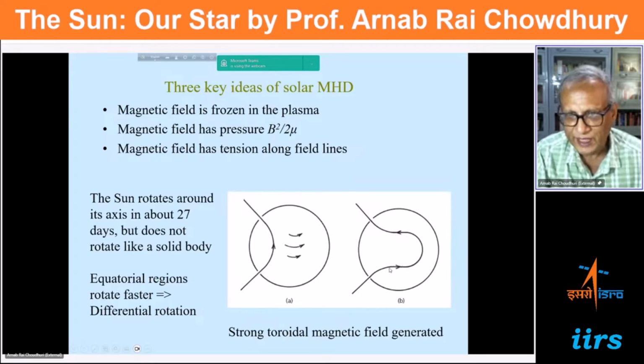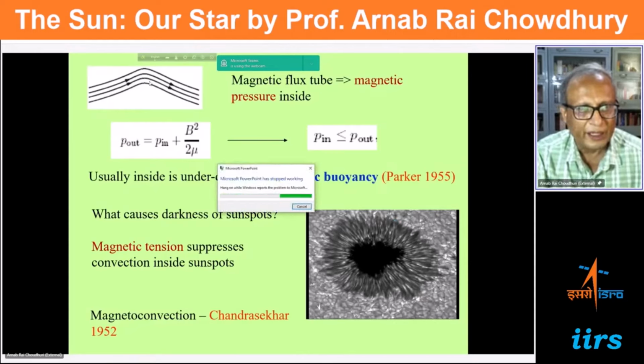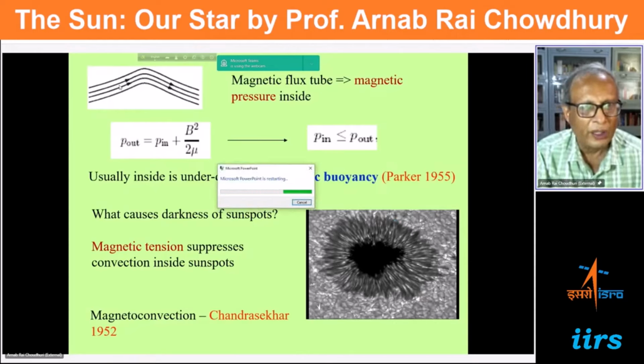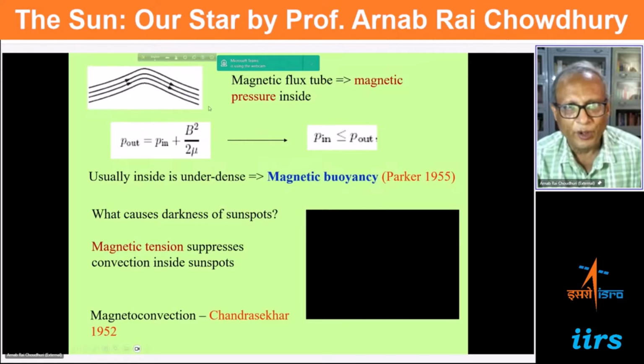But why should parts of this toroidal field float to the surface? Well, consider a region with a strong magnetic field, a magnetic flux tube. Inside it, the magnetic field would have a pressure.